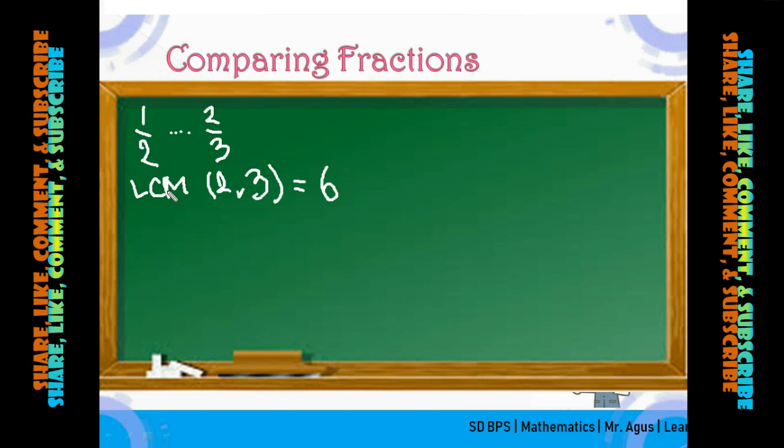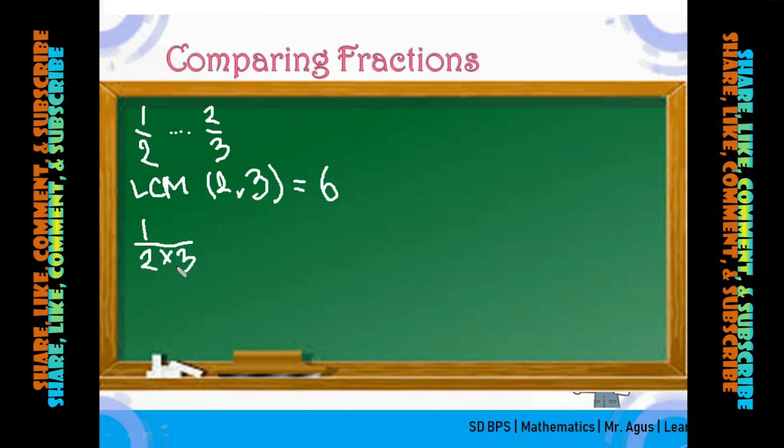So you have to change the denominator 2 and 3 to be 6. 1/2 multiply by 3 to get 6.